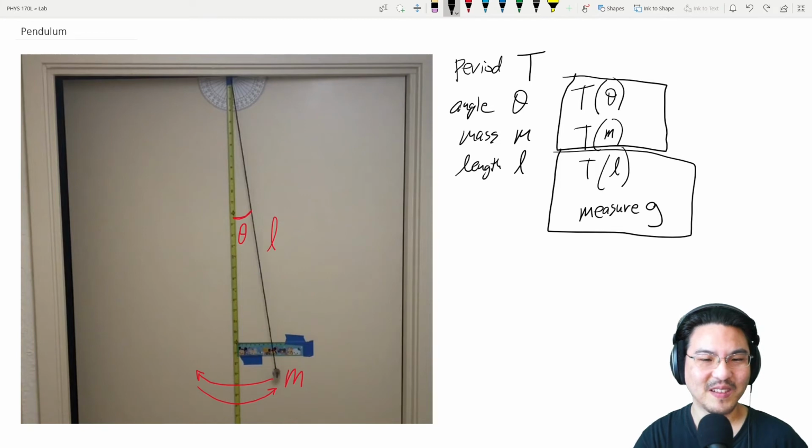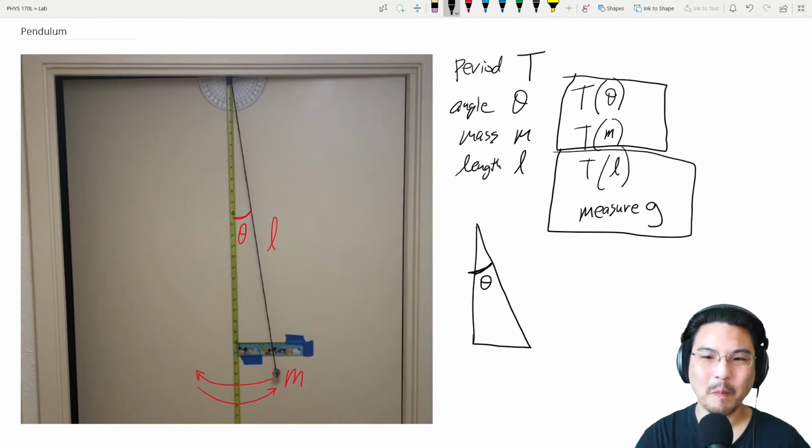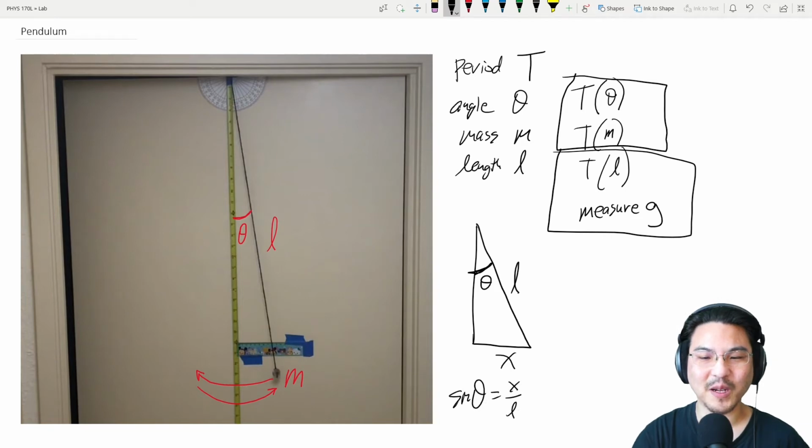So like you see this triangle here, you could just measure the angle directly with the protractor and then you're done there, right? But if you know the length of the string and you know what angle you're shooting for, then let's call this some distance x. Then just trigonometry, right? Sine theta is opposite over hypotenuse.